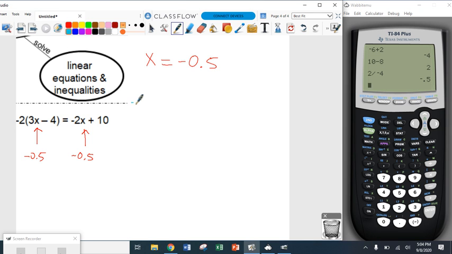I have negative 2 parentheses 3 times negative 0.5 minus 4 close parentheses, and that should equal negative 2 times negative 0.5 plus 10.